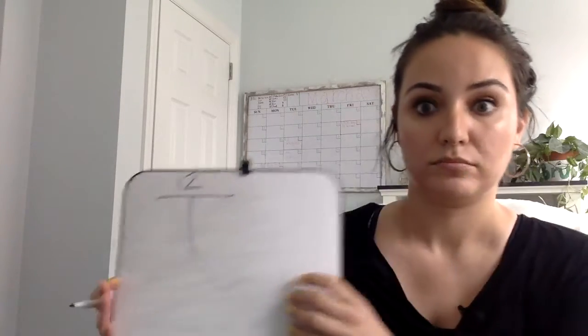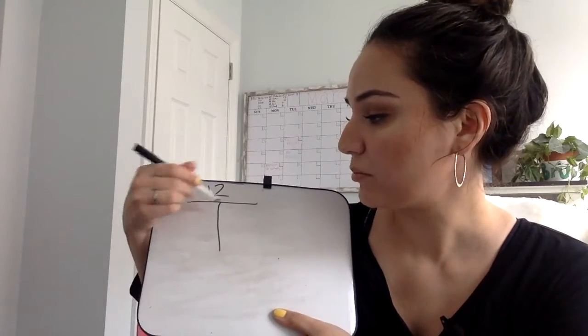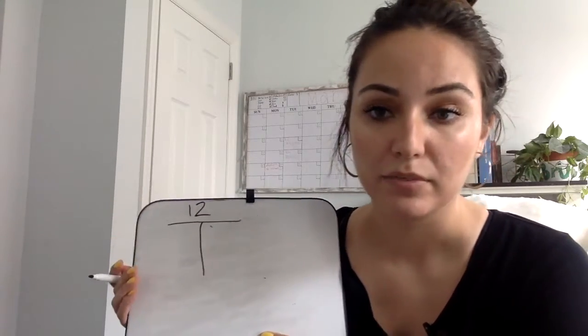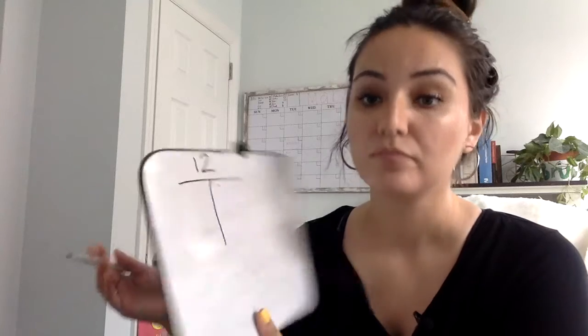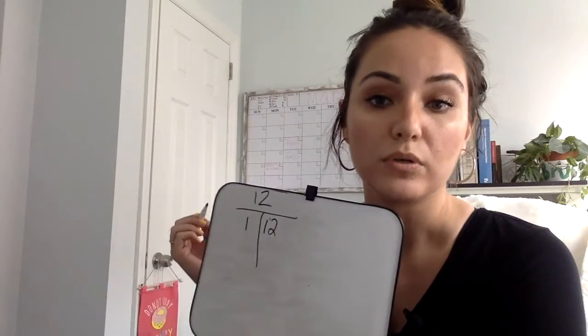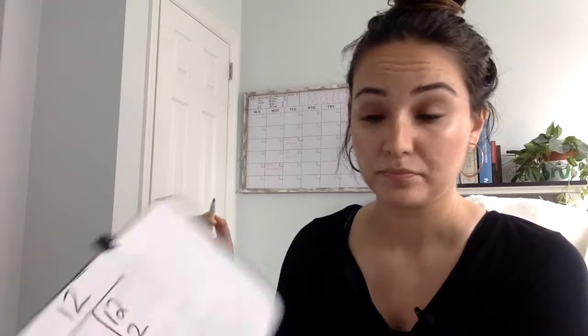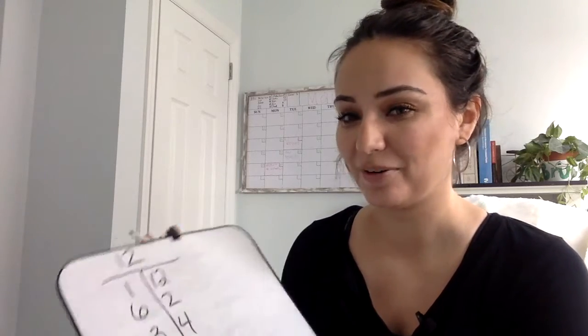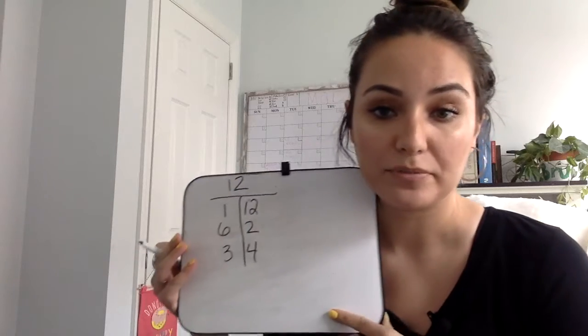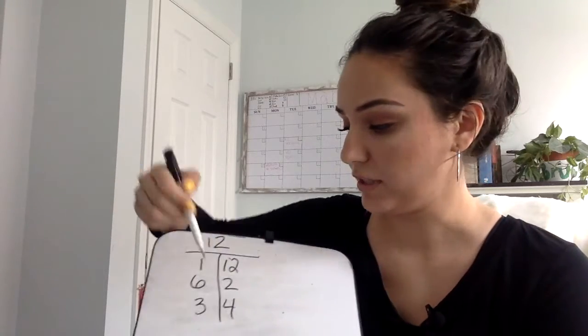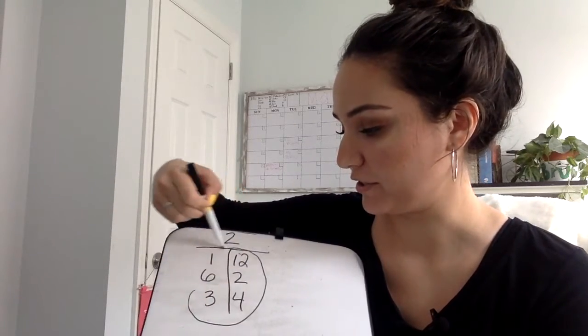What two numbers, when I multiply them, give me 12, okay? I know that all of you are going to tell me 1 times 12. I know that all of you are going to tell me 6 times 2. And I know that all of you are going to tell me 3 times 4, okay? So these are all of the factors of 12.